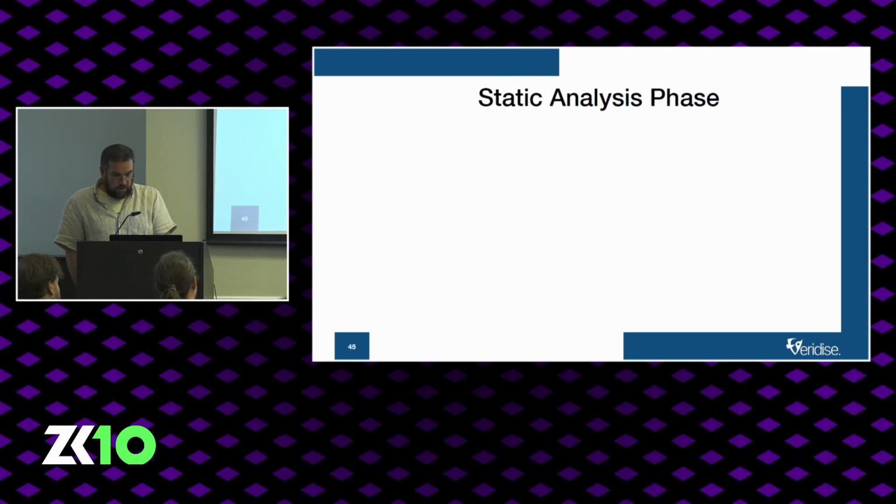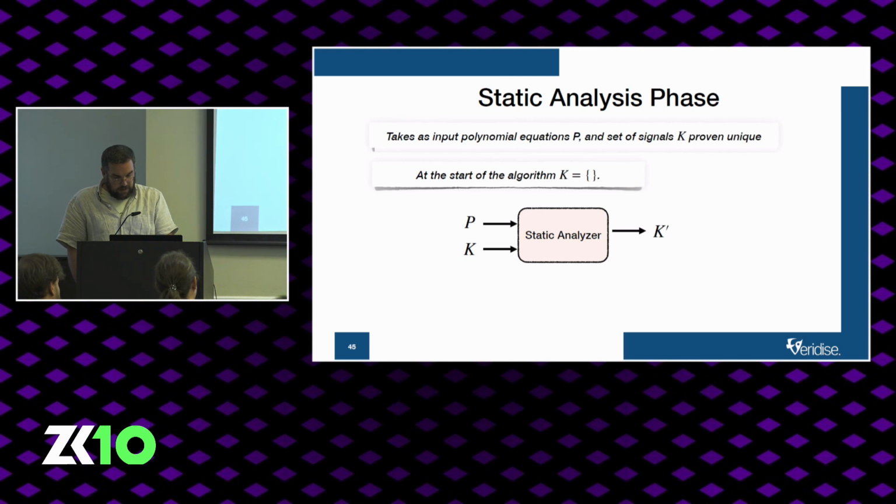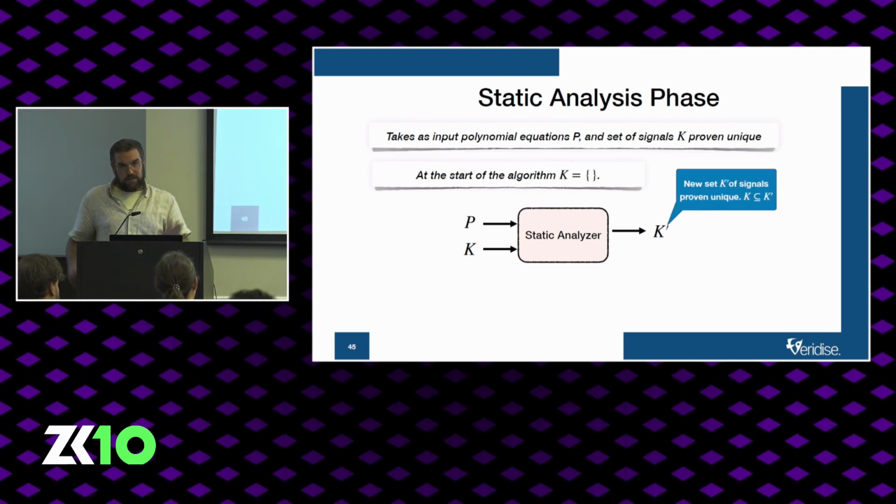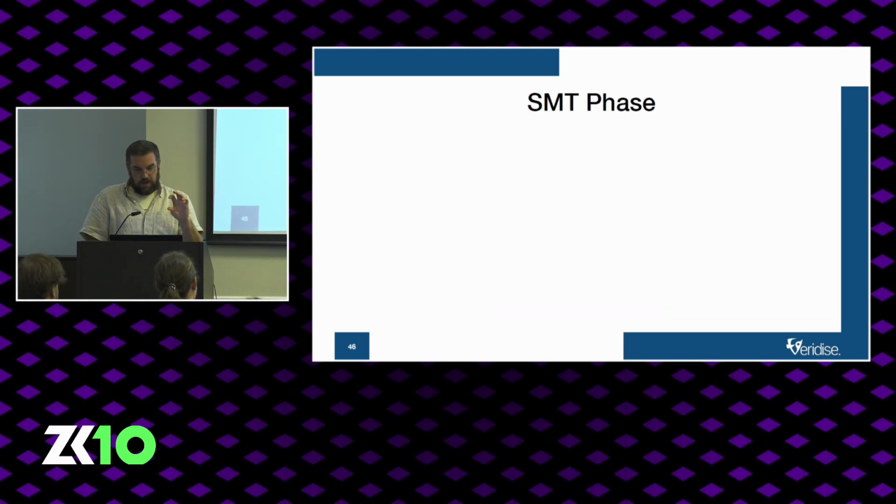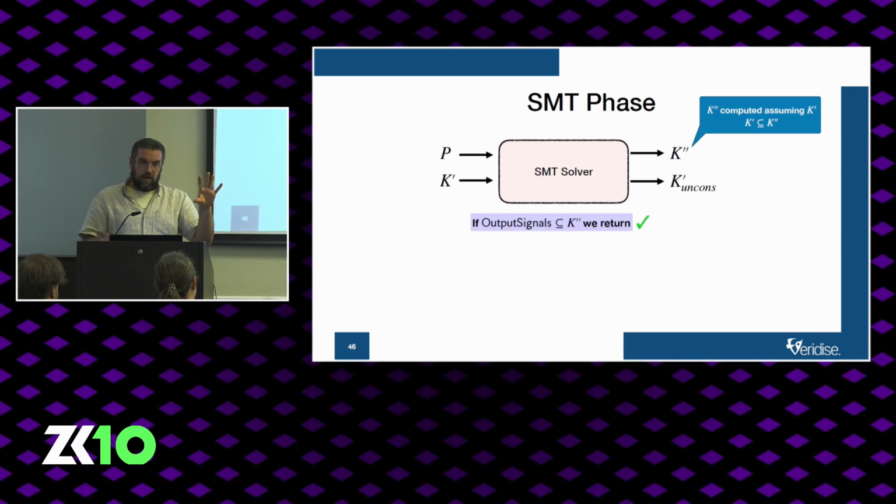How this works, I won't go into the details, but it's an interactive loop between two engines, one doing the static analysis phase and one doing the SMT phase. Both can get stuck, and then they pass information from one to the other.